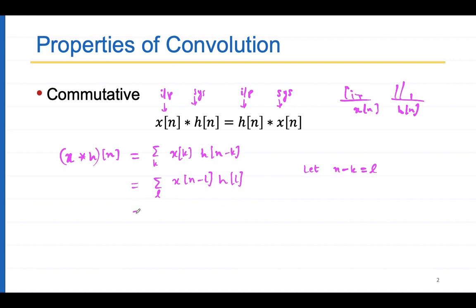So this is equivalent to the summation over L of h[L] x[n minus L], just reversing the two, which is equal to h convolved with x at the nth time instant. So hence proved.